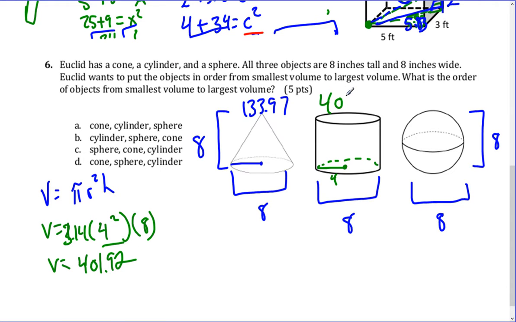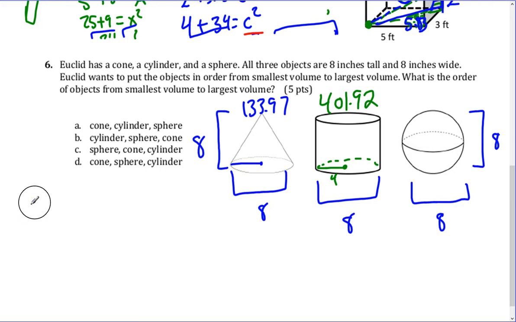And lastly, we have our sphere. The formula for the volume of a sphere is V equals 4/3 pi r cubed, where r is still the radius, and the radius is still 4. From the center to the outside is 4, because the whole way across is 8. So V equals 4/3 times 3.14 times 8 cubed.